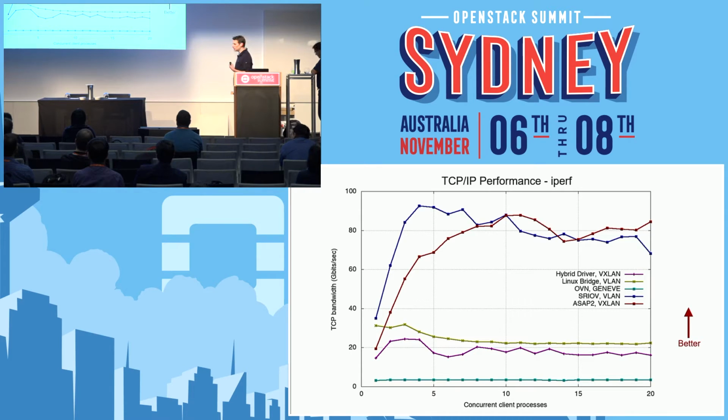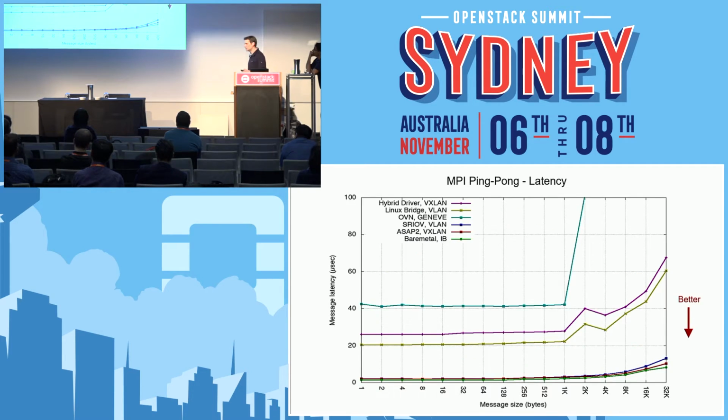But one of the first ones was that it wasn't actually directing its traffic over the tenant IP network. It was going over the 10 gig NIC. It's achieving about 3 gigabits a second there. So I don't know if that is actually very significant. The hardware offloads are the two graphs at the top. So they're the star performers. That is ASAP squared with the red, and SRIOV with the blue here.